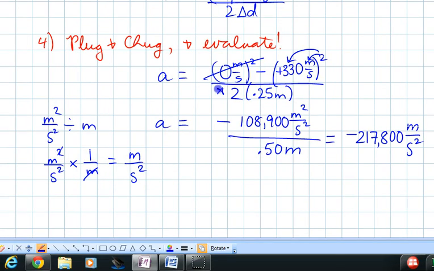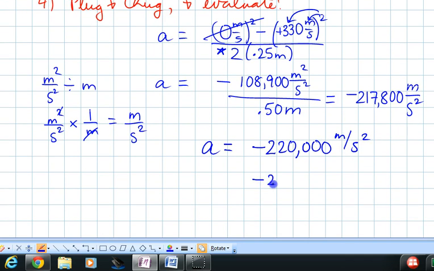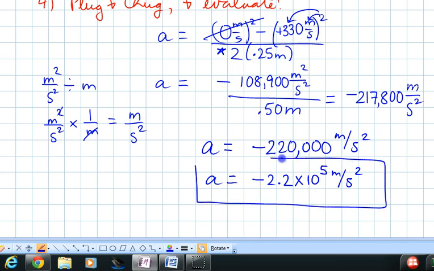The 2 right here is a counting number, so the final answer should be negative 220,000 meters per second squared, or if you want to be fancy, negative 2.2 times 10 to the 5th meters per second squared. And that is our final answer.